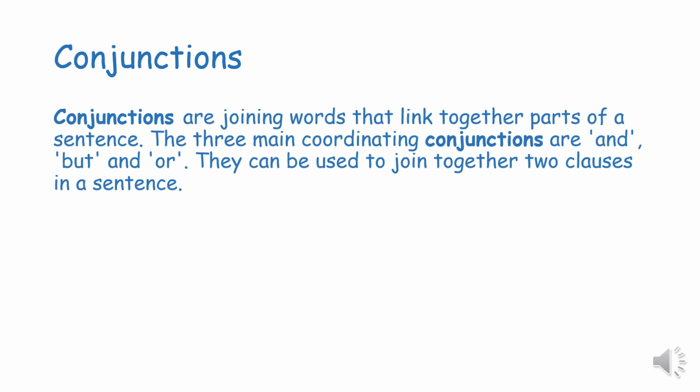We will now look at conjunctions. So conjunctions are joining words that link together parts of a sentence. And there are three main coordinating conjunctions, and they are and, but, and or. They can be used to join together two clauses in a sentence. And here are some common subordinating conjunctions.